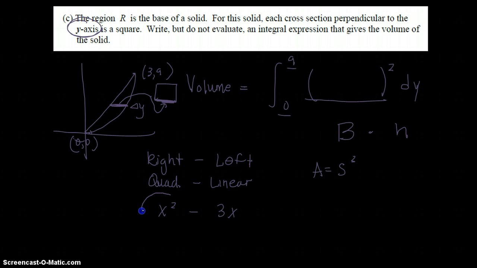I cannot because we need these to not be x's. They need to be y's. So I'm going to have to think about my two functions. One of them is y equals x squared, and one of them is y equals 3x. So I need to solve them for x. This one is x equals plus or minus root of y, and this one's x equals y over 3.